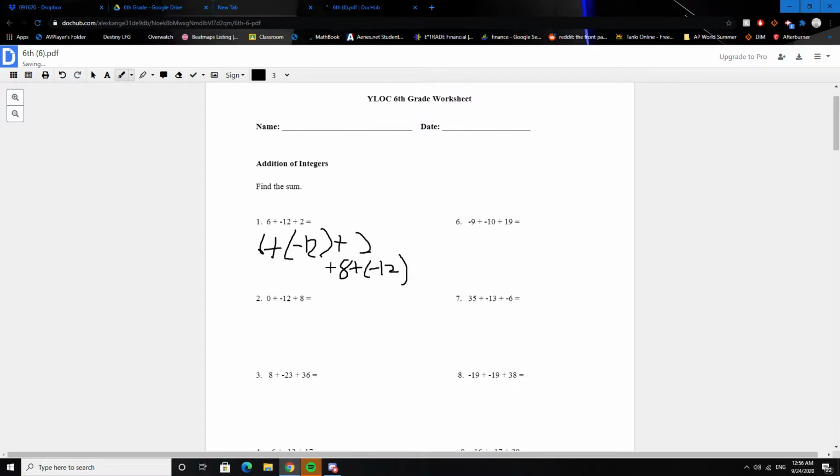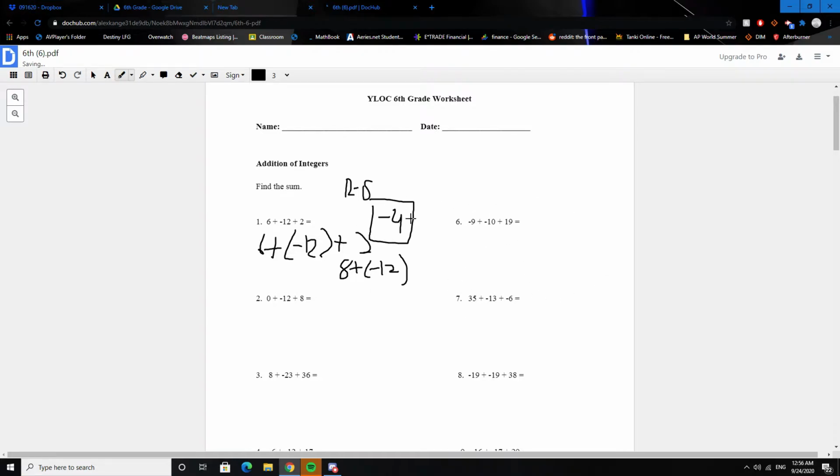If you're adding something into a negative number, you're basically just doing subtraction, because this is the bigger number here. So it would be 12 minus 8, which is 4. So it would be negative 4 because this is the bigger number.